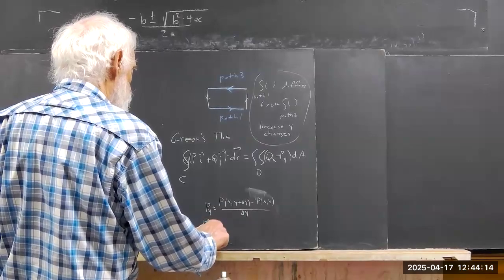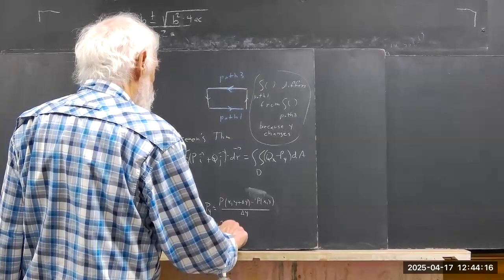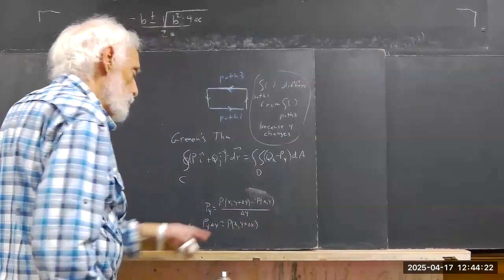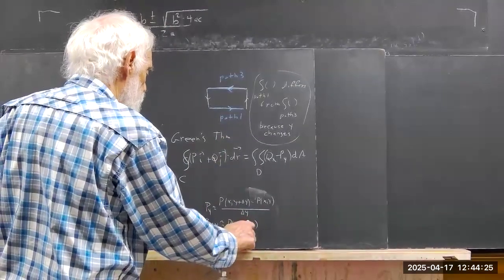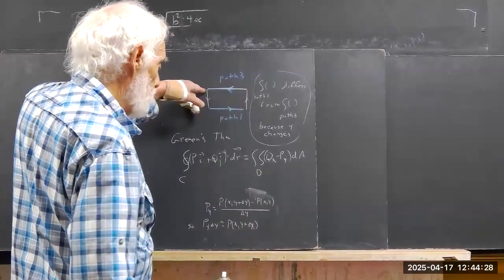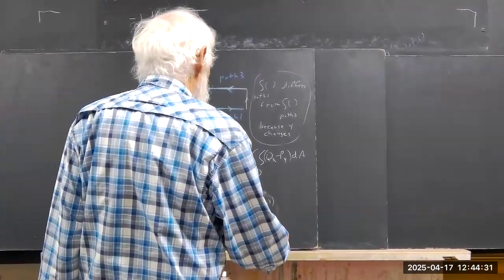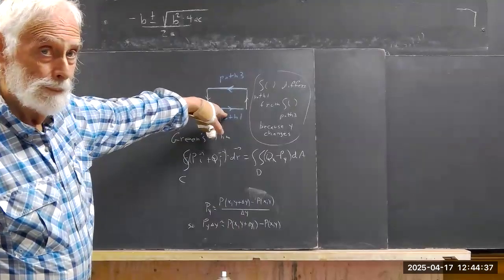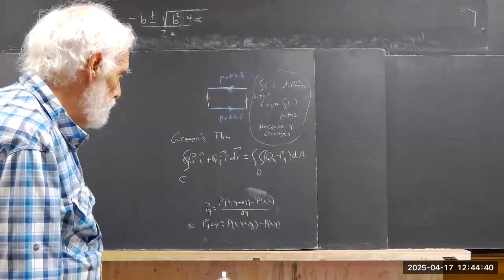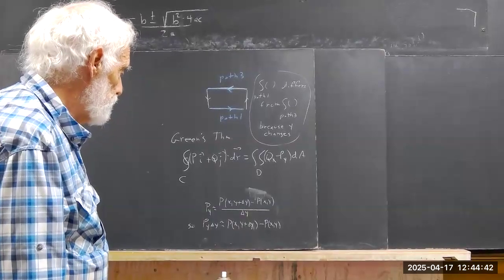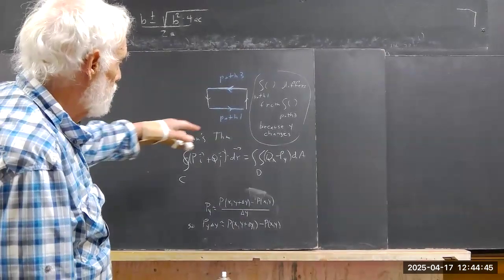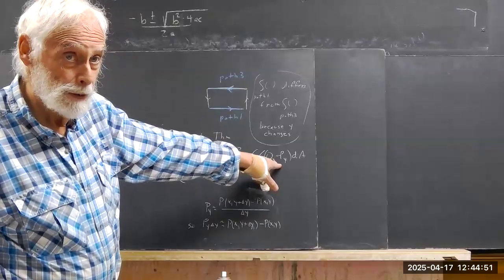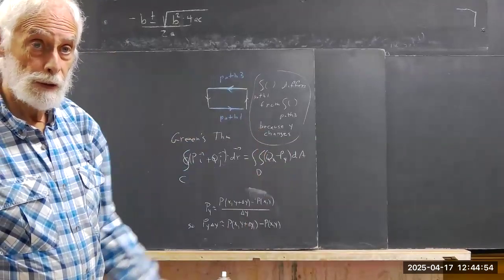So that py delta y is approximately equal to p of x, y plus delta y, which is the value up here, minus p of x, y, which is the value down here. Since up here you're integrating in the opposite direction to this, that's where the negative sign comes about here. And if you think it through, you see why it is.